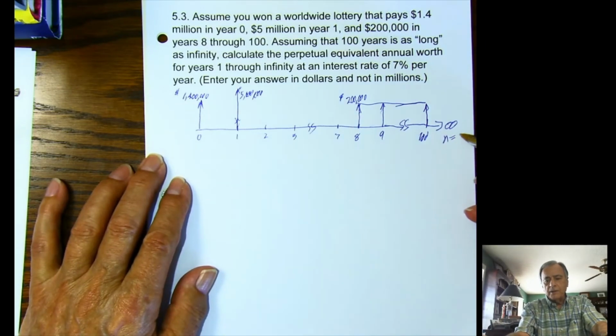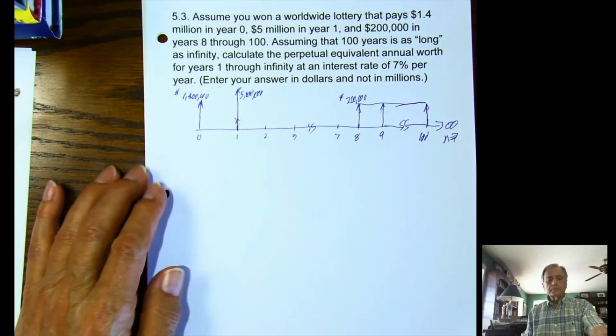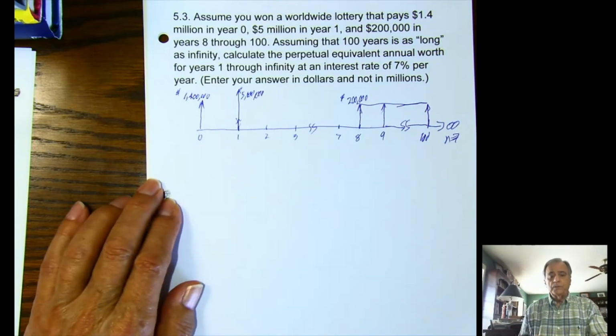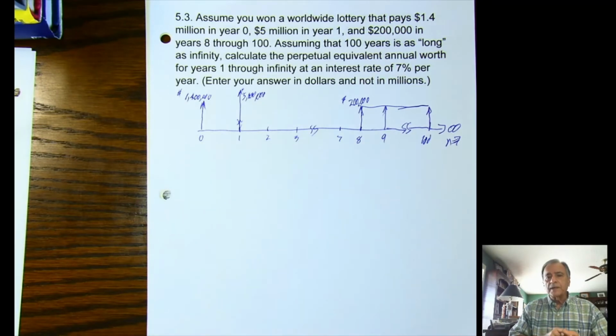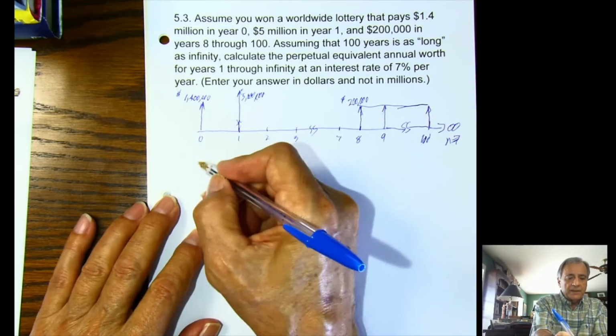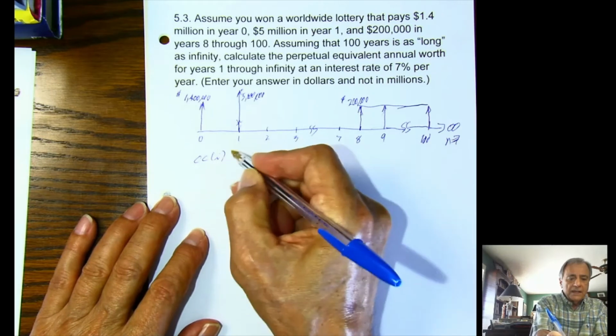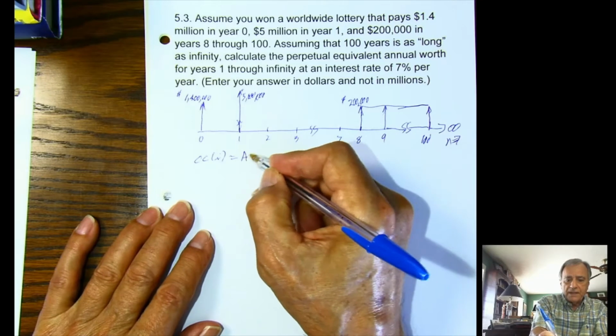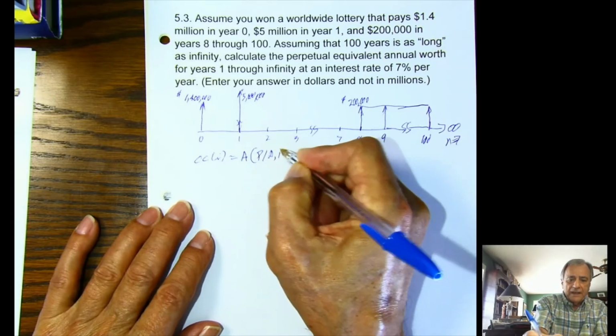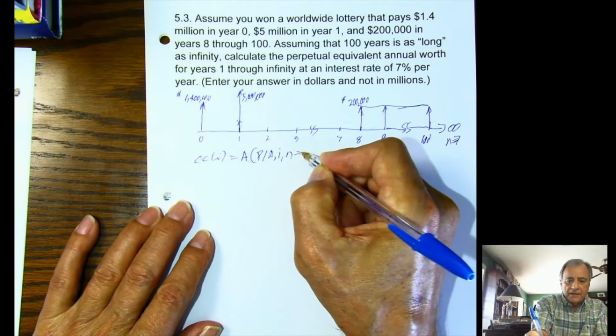And then he wants you to spread the whole thing out as an A series as n approaches infinity. We learned in the previous chapter a concept called capitalized cost. If you recall, the capitalized cost was the present worth of an infinite uniform series, P given A at rate I as n goes to infinity.